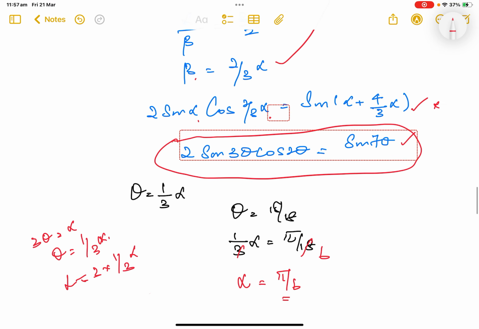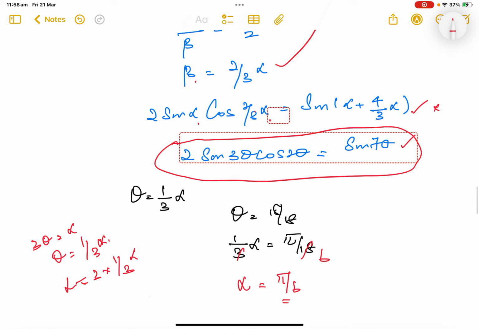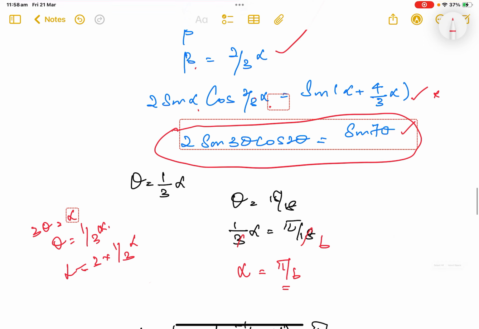The next one: 2 times 1/3 alpha is 2/3 alpha. So we have 2 sine 3 theta cos 2 theta, that is 2 sine alpha cos 2/3 alpha, where 1/3 alpha is theta. Then here we have 7 theta, and if you work it out, 7 times 1/3 alpha is 7 alpha over 3.